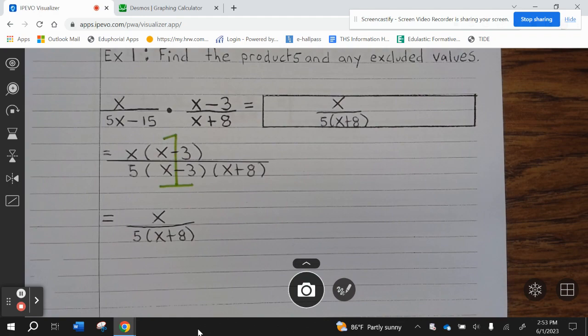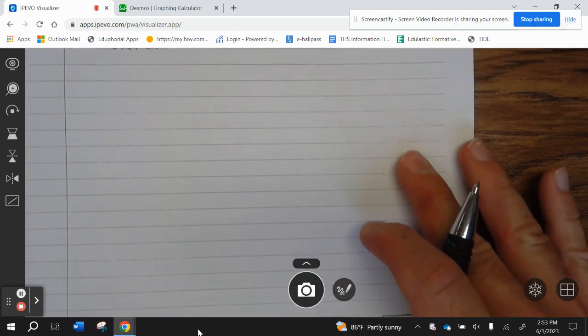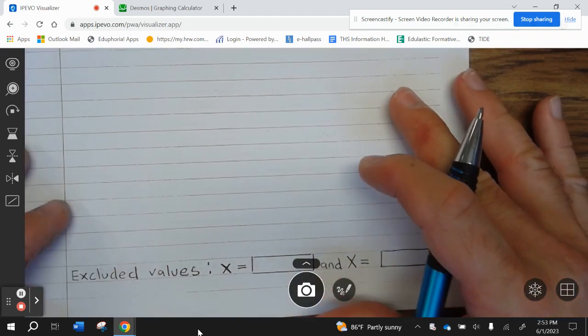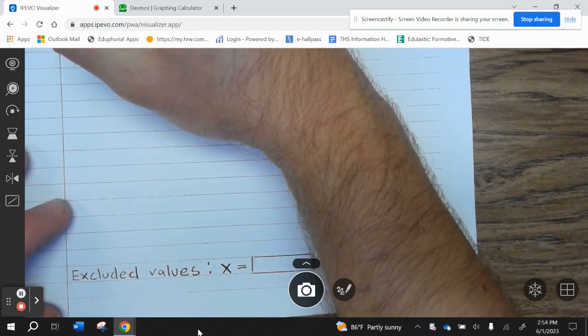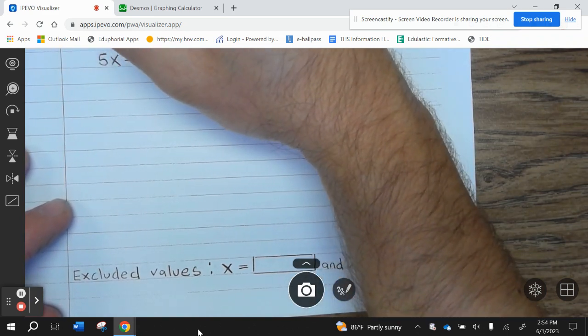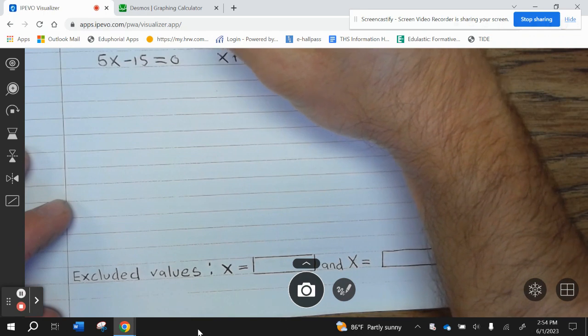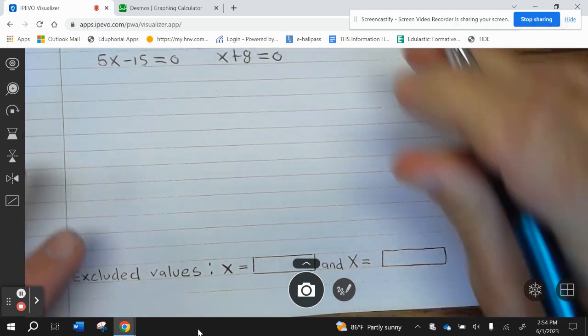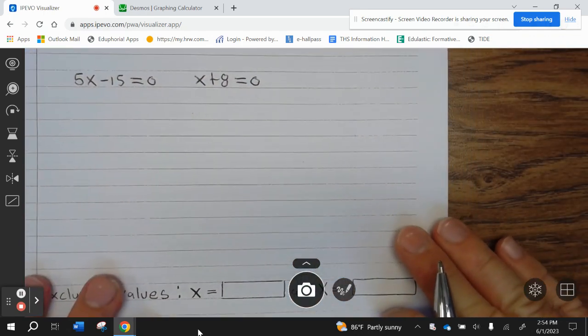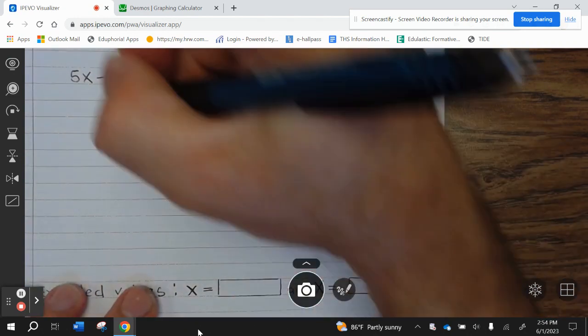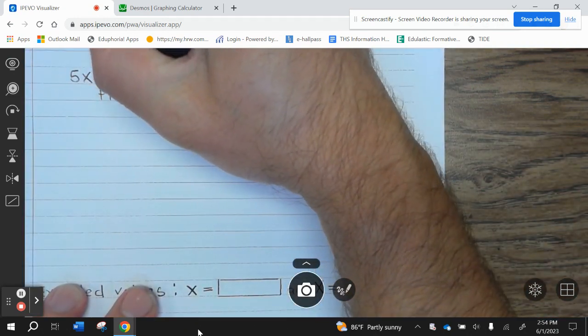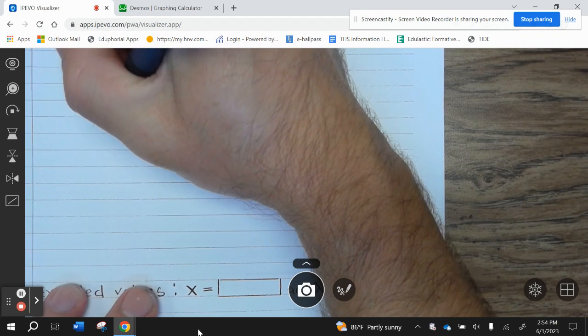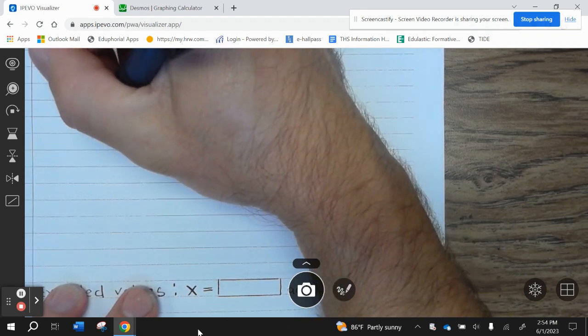Now, for the excluded values, we set 5x minus 15 equal to 0 and x plus 8 equal to 0. So you basically set the denominator equal to 0. Okay? So we add 15 to both sides. You get 5x equals 15.